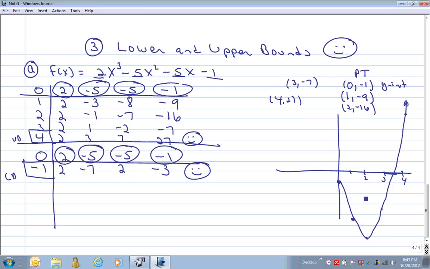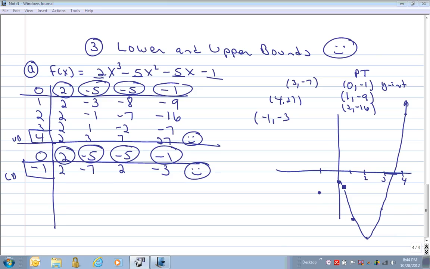All right, that's interesting. So at negative 1, our ordered pair is negative 1, negative 3. I'm not really sure without looking at it in a graphing calculator.